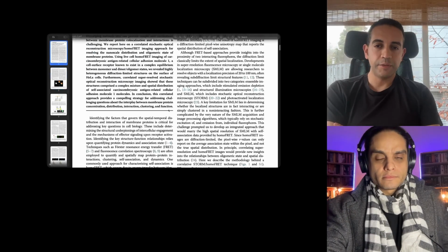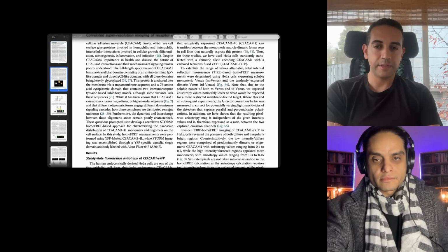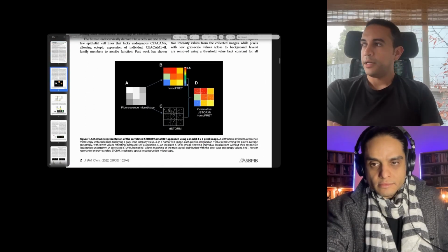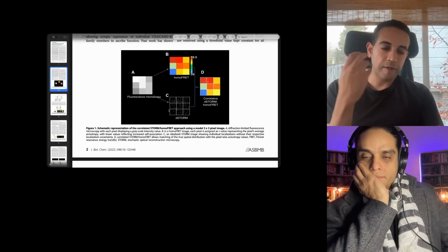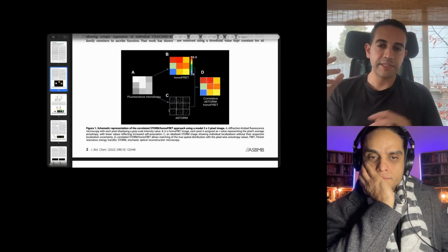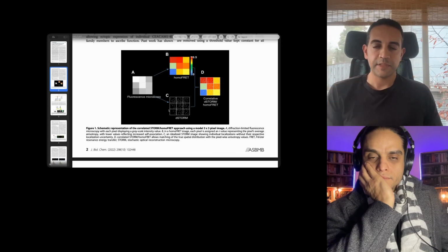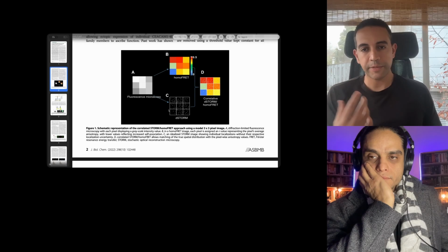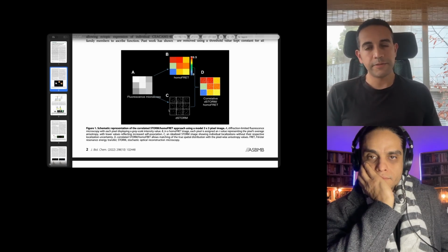With light being a wave, you use a polarizer to polarize it in one way. Here we're interested in self-association, so a protein being a monomer, forming a dimer, a trimer, an oligomer. If the fluorophores are in very close proximity, there will be an energy transfer that leads the light to be depolarized, to be polarized in another direction.